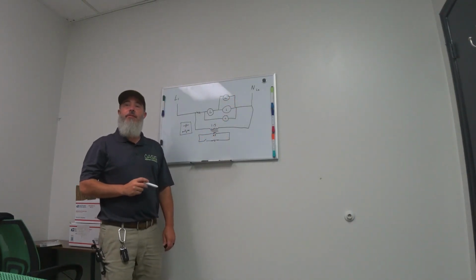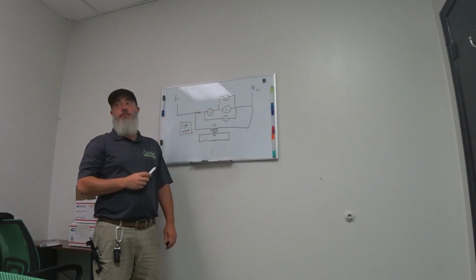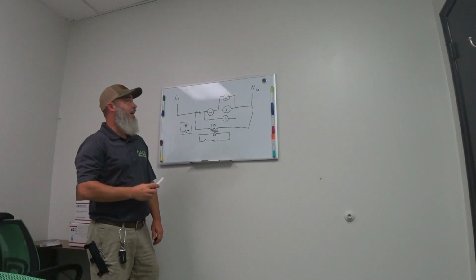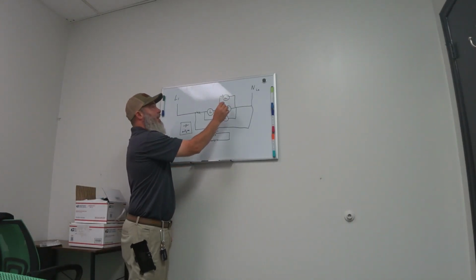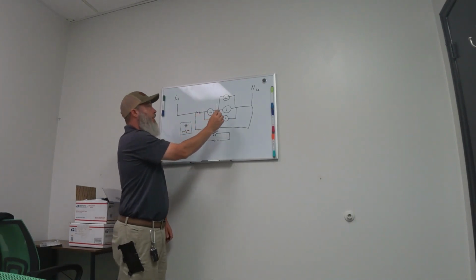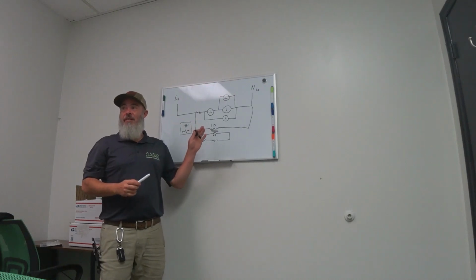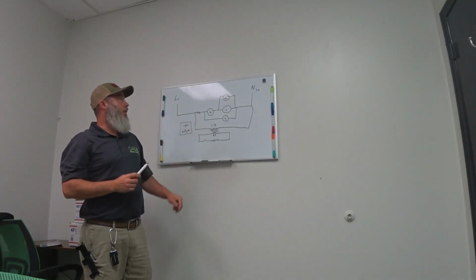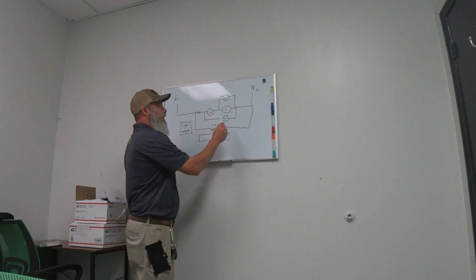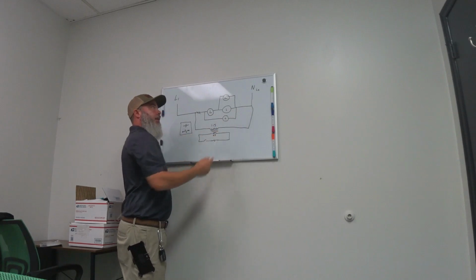Now that load is only in parallel with that load. So this load and this load are in series with this load. But these are in parallel. Not even really important to understand that very much. But you will see that one thing that every load is going to have in common is that it has to go to L2.